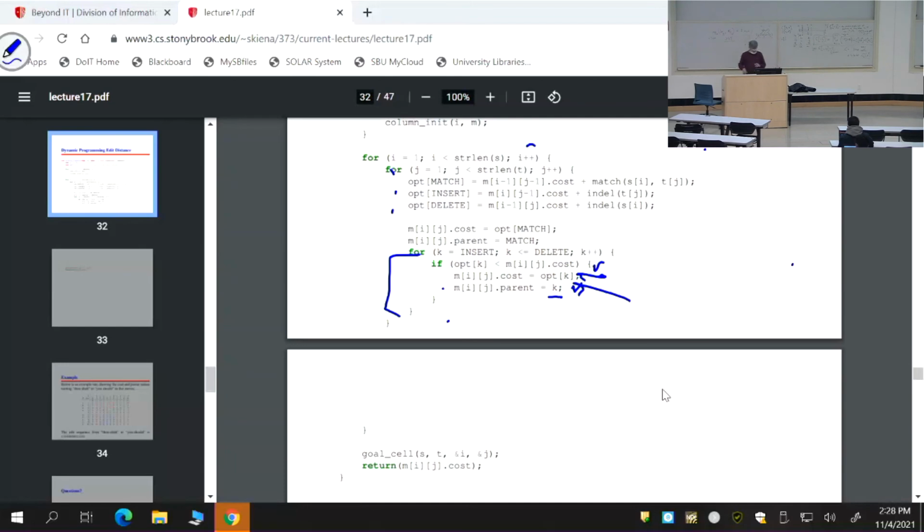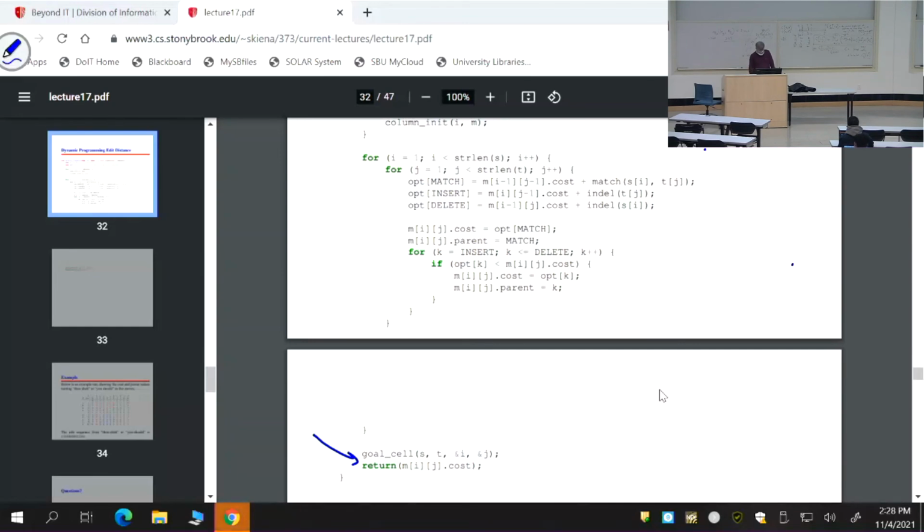Okay, yes? What is the goal cell? So I always try to write these functions so they're generic and can do a lot of different things. What is this function going to do? This function is going to tell me where is the cell that contains the optimum alignment, the end of the optimum alignment.